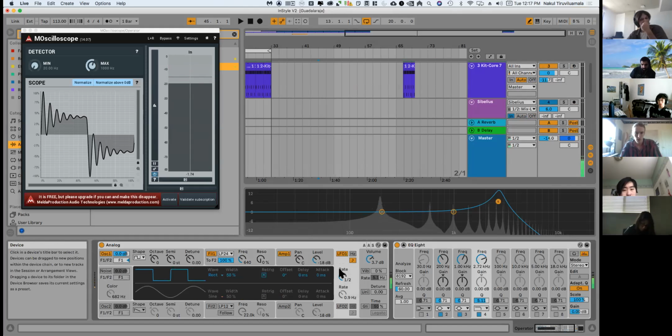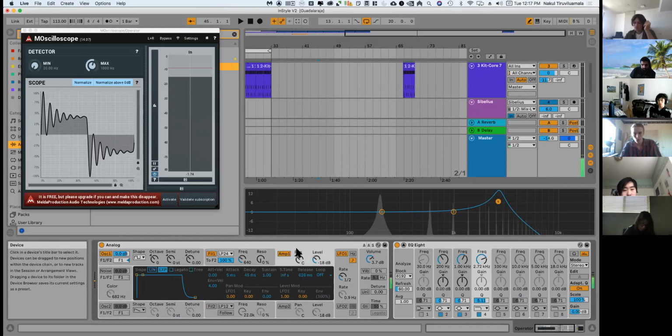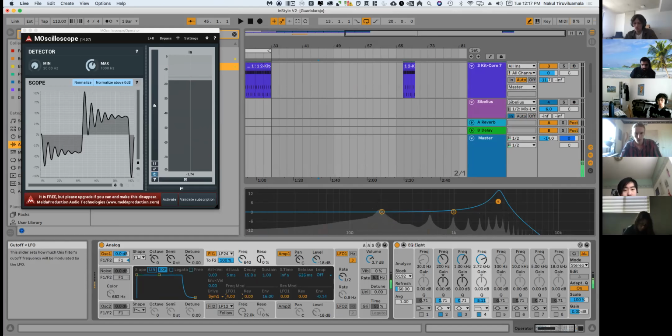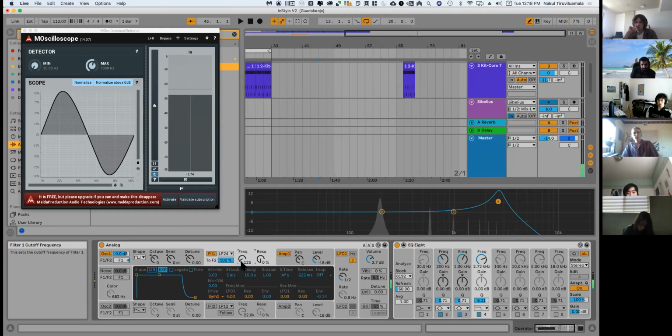I'm going to go to a sine wave actually. I'm going to change the frequency value, and you can see how that has an impact on the sound, because it was applying that shape around a lower frequency, but now it's applying the shape around a higher frequency.